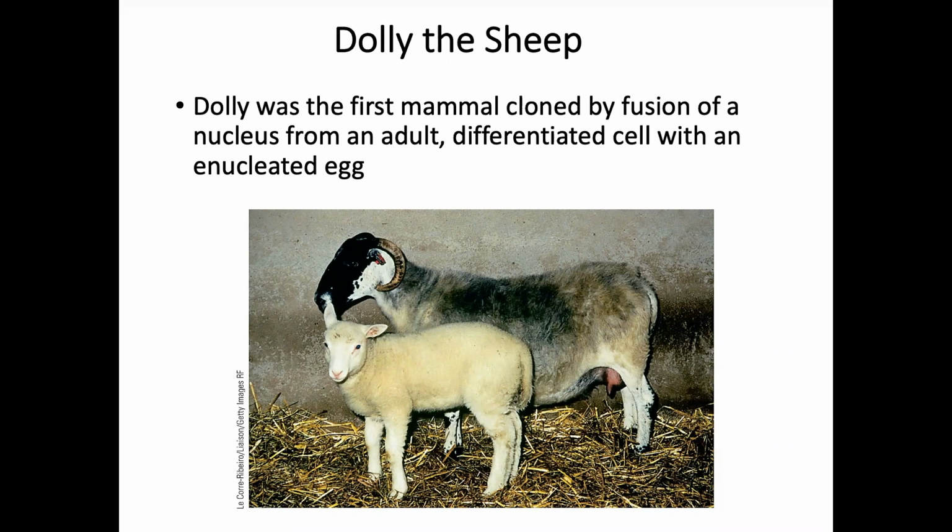Dolly lived 6.5 years and was euthanized because she had a progressive lung cancer and severe arthritis. The average lifespan of Dolly's species is about 11 to 12 years. So it is not known if the disease had a connection with Dolly being a clone, although Dolly's telomeres were actually short.